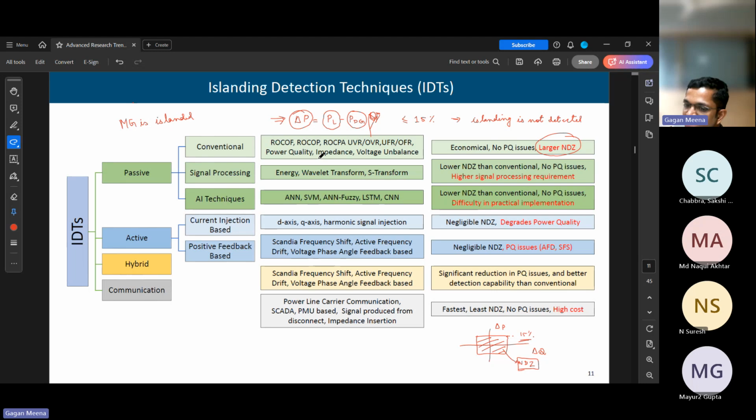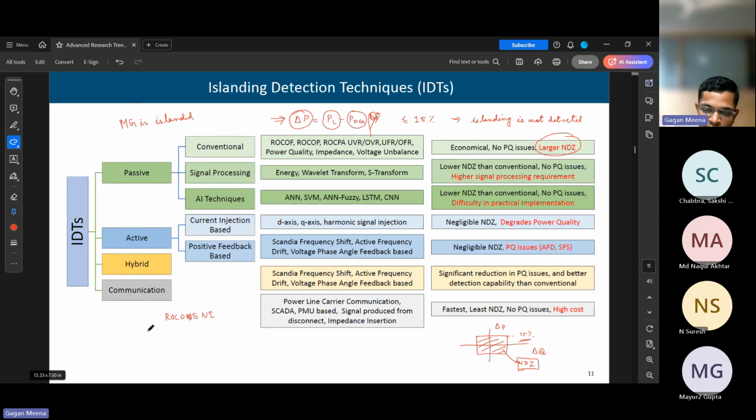And these passive techniques will not be able to detect this type of island event. That's why one technique has been introduced to improve this. It is also a passive technique, and it is based upon the rate of change of superimposed negative sequence impedance.